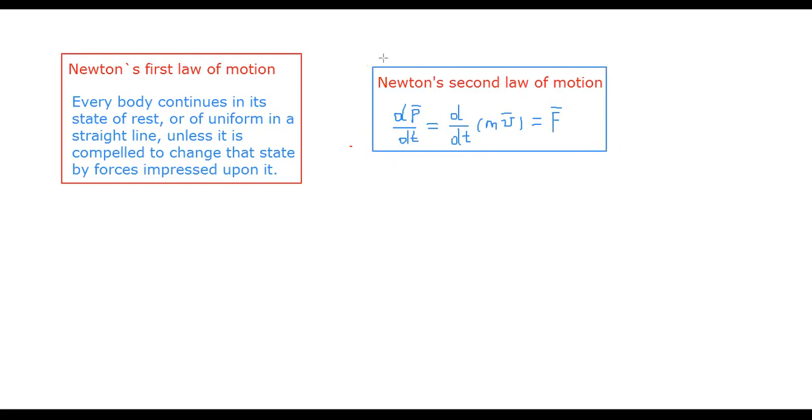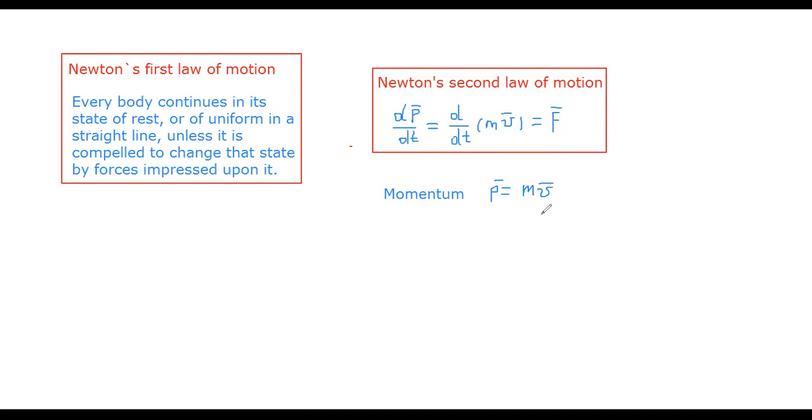Okay, and what is p? P is momentum. A physical value that is known as momentum, and it is equal to mv.